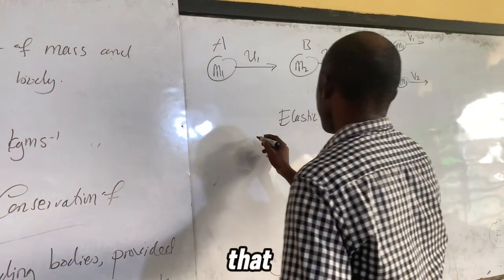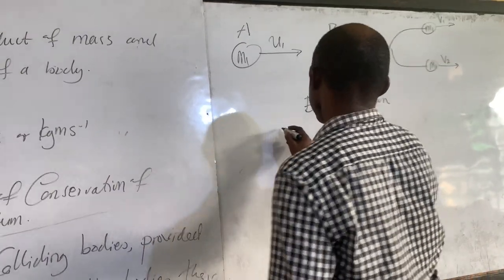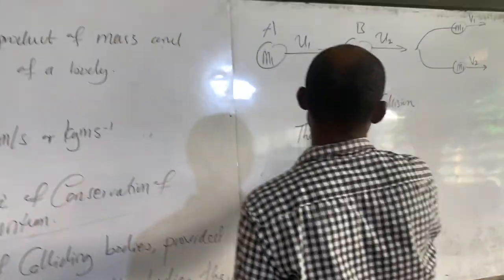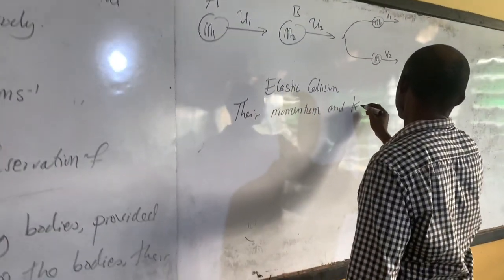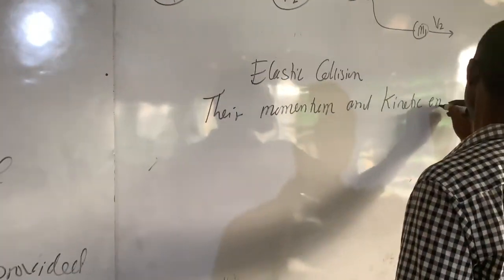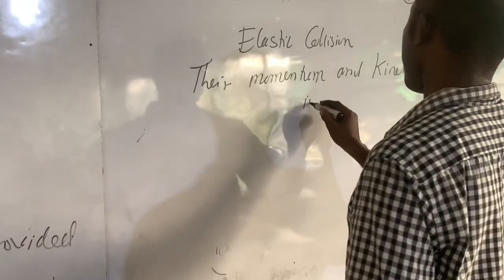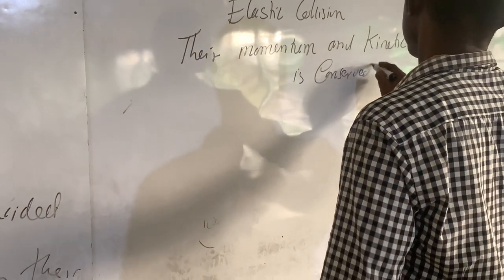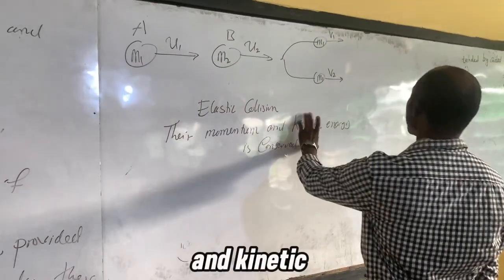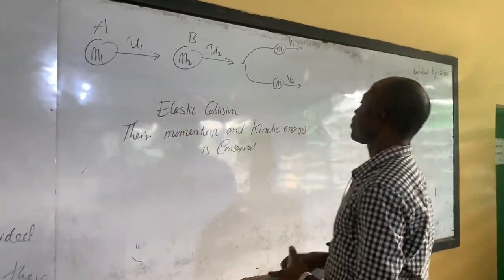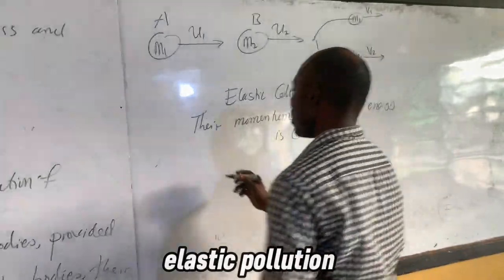Which means that when they move in different velocities, their momentum and kinetic energy are conserved. We call it elastic collision.